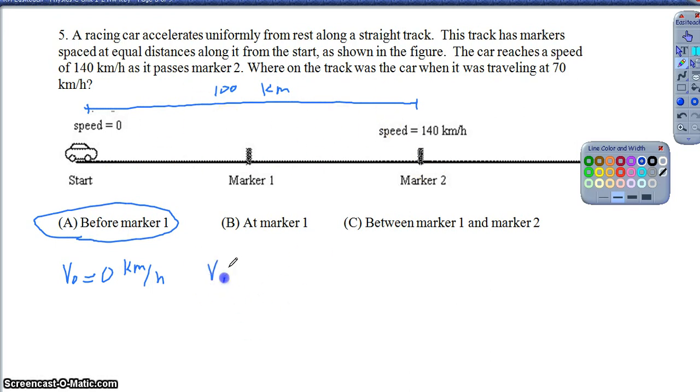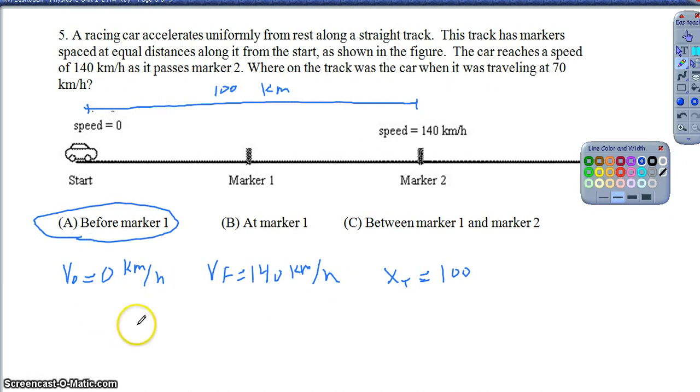All right, so the final velocity is 140 kilometers per hour. And then I'm just defining that total distance as whatever number I want. You could define this as x, you could define this as a specific number, 1,000, whatever makes it easy. But the reason that I'm doing that is it will give me a chance to numerically solve for the acceleration.